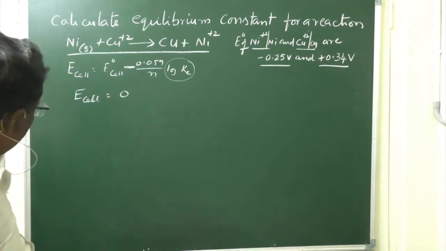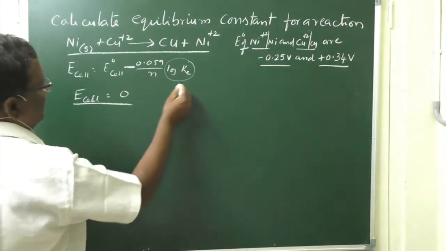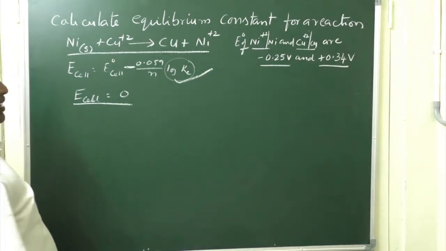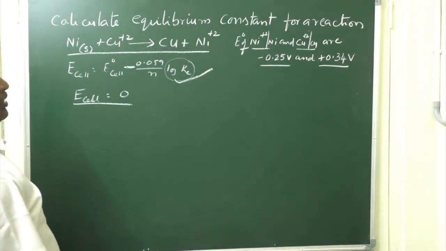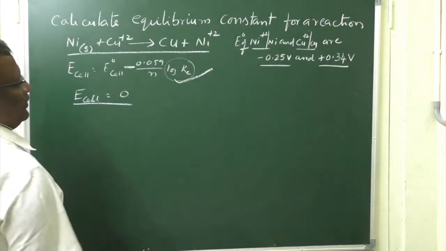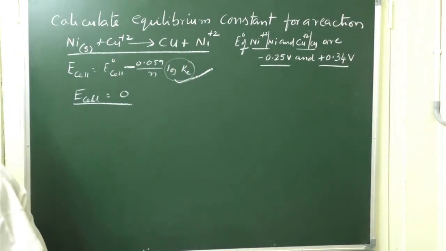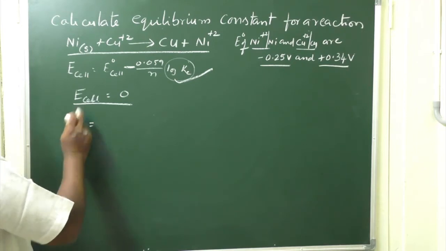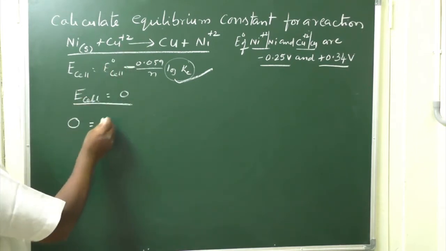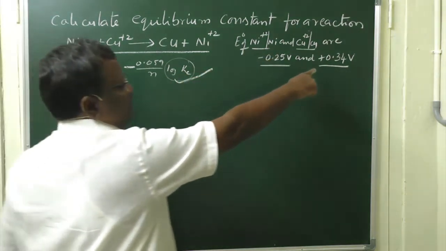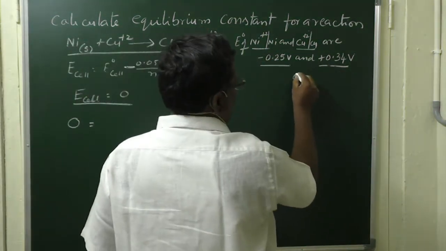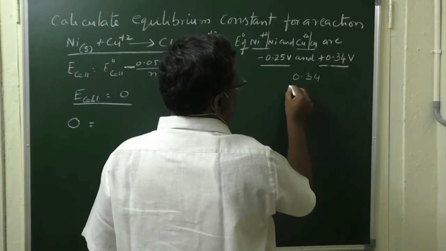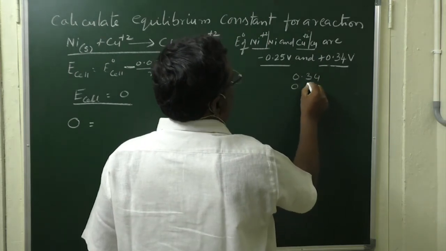So taking this value you have to calculate log Kc, nothing but the ratio of concentrations of anode ions and cathode ions. Now E cell is 0 because at equilibrium EMF is 0. E naught cell is the difference of these two, that is 0.34 minus of minus 0.25.